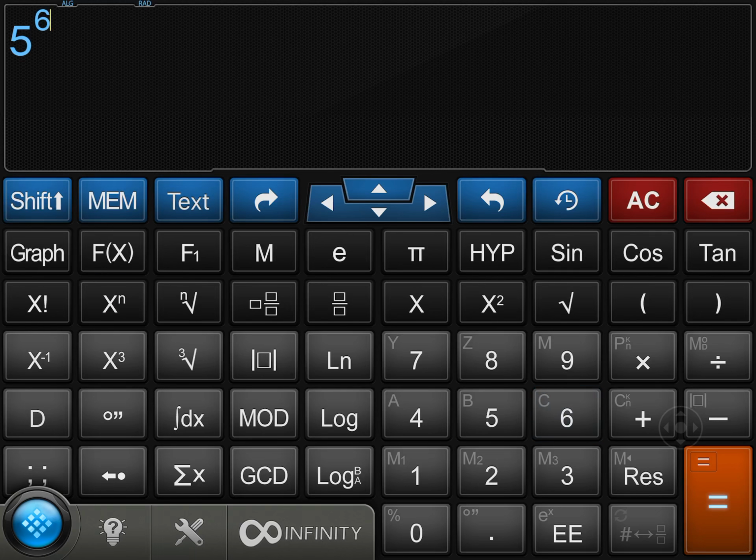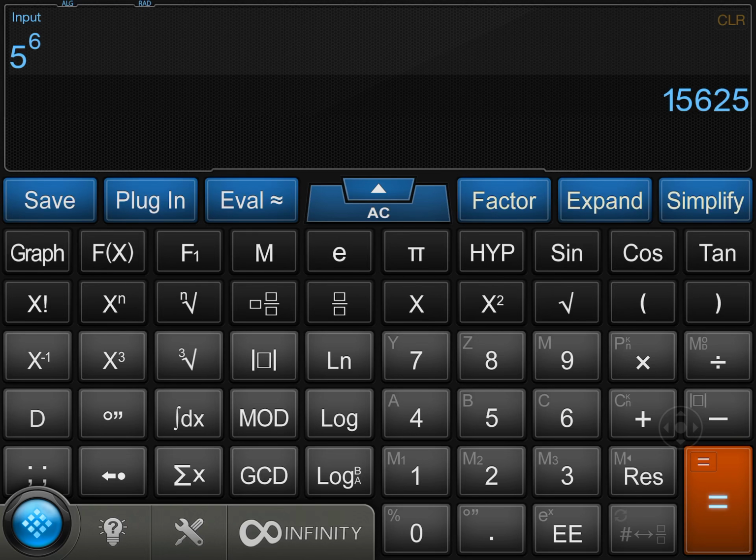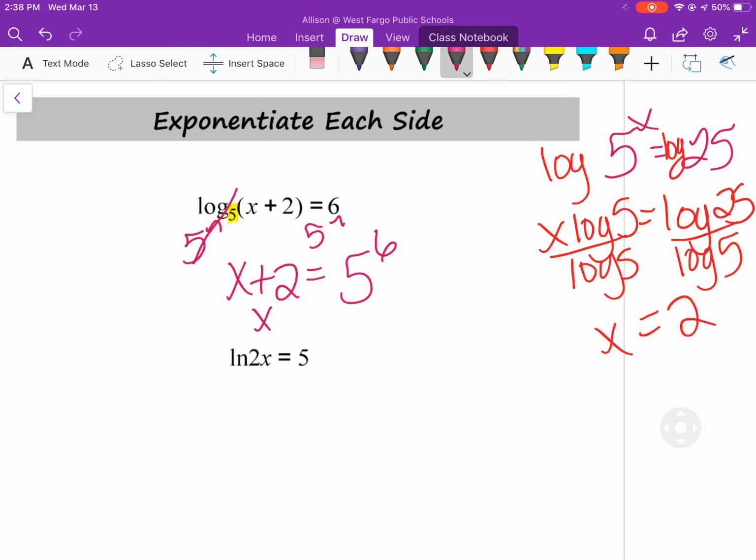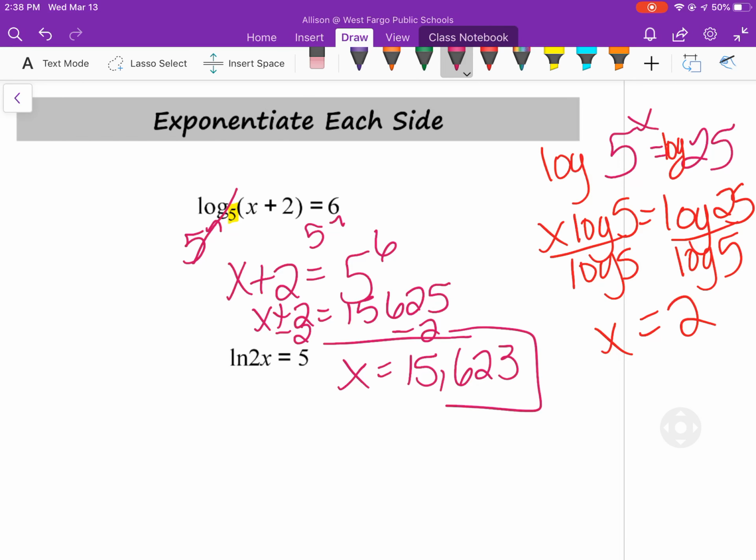So 5 to the 6th power is 15,625. So x plus 2 equals 15,625. Finish solving for x by subtracting 2 on both sides. So x equals 15,623.